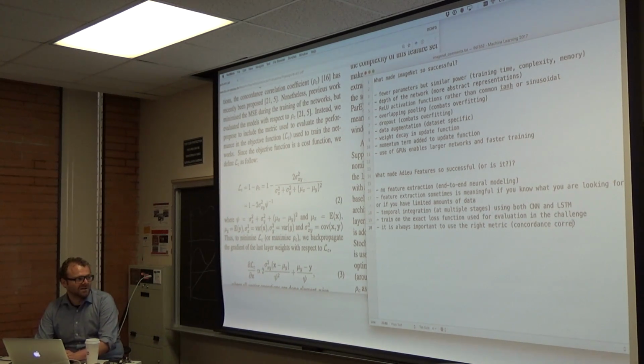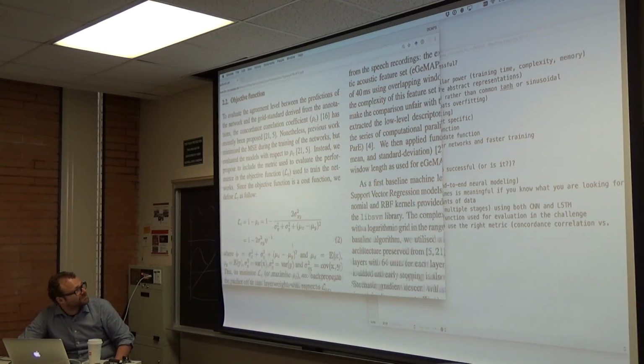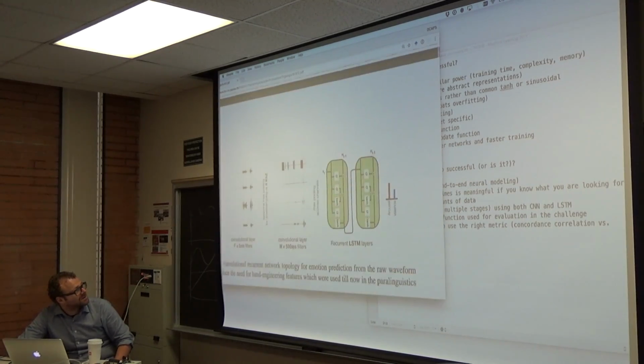Concordance correlation versus correlation. So that's a lesson learned that we should all consider. Okay, so what else happened in this paper?